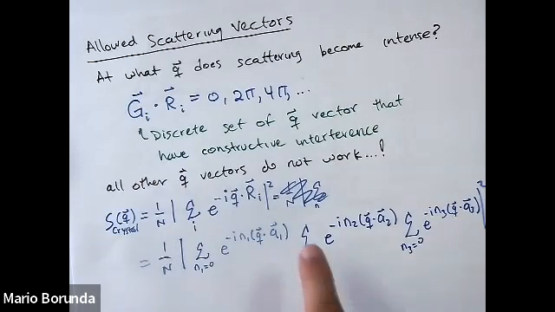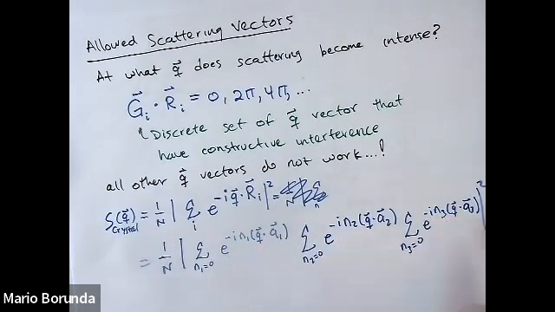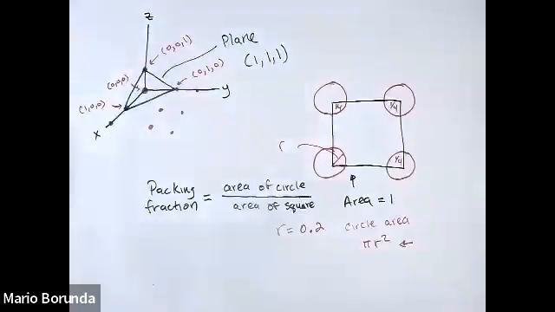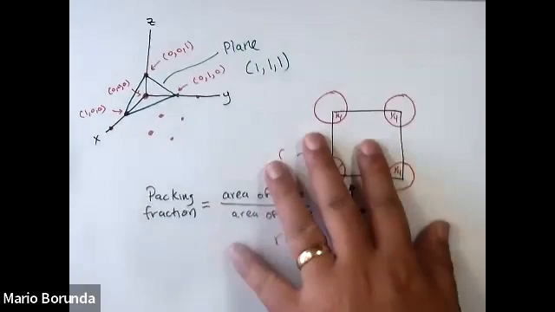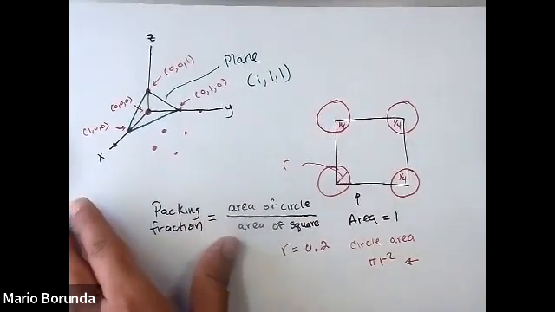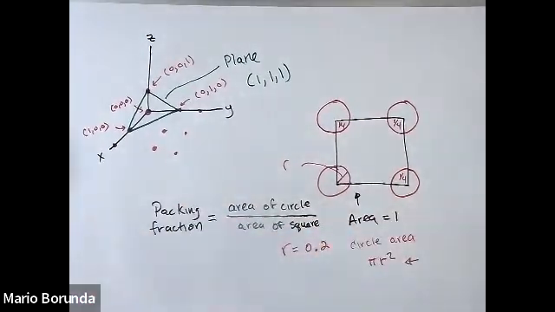And instead of being N1, N2, and N3, it's going to be H, K, and L. Those Miller indices are what crystallographers look at. They find what those integers are, and they tell you what crystal plane you're looking at in that peak.